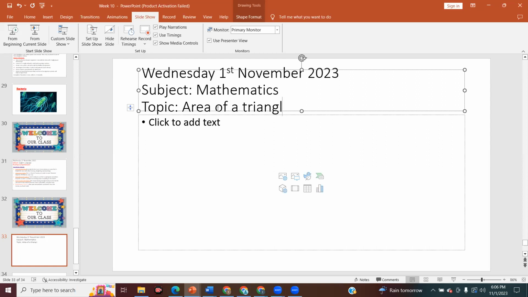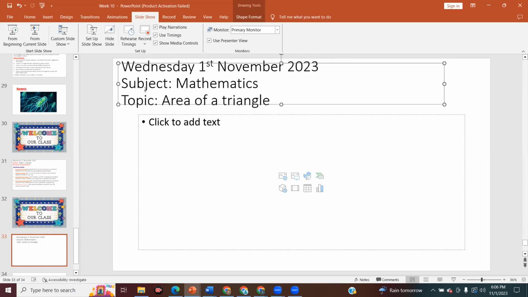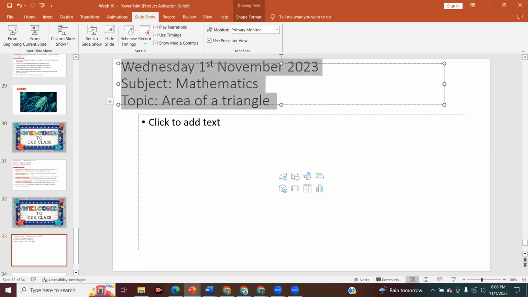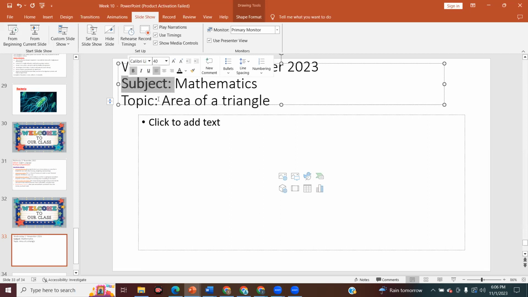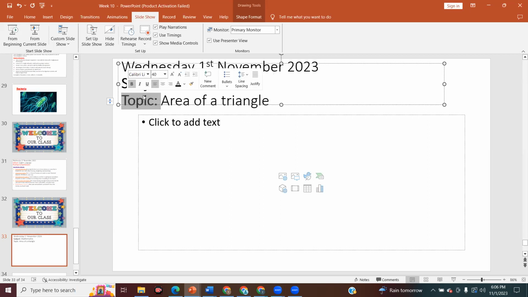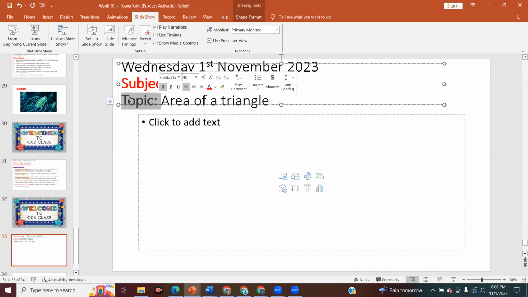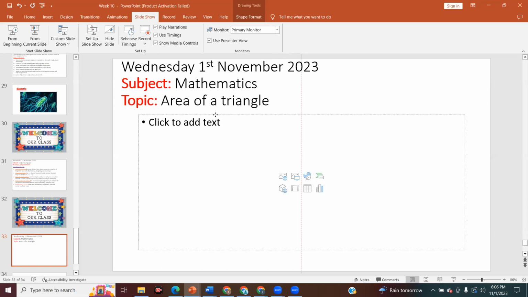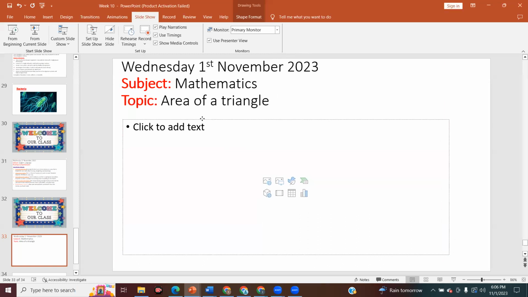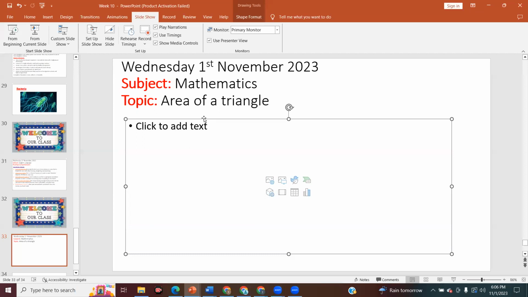So like we said yesterday, the area of a shape, is it the distance around or the space inside? The space inside. Very good. So when we're considering the area of a shape, we're looking at the space inside of the shape.